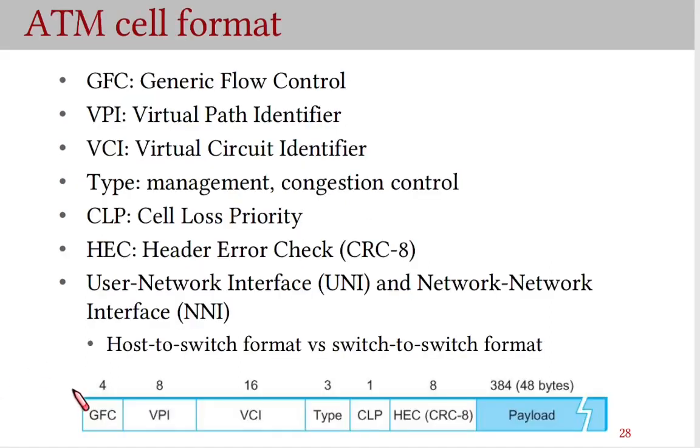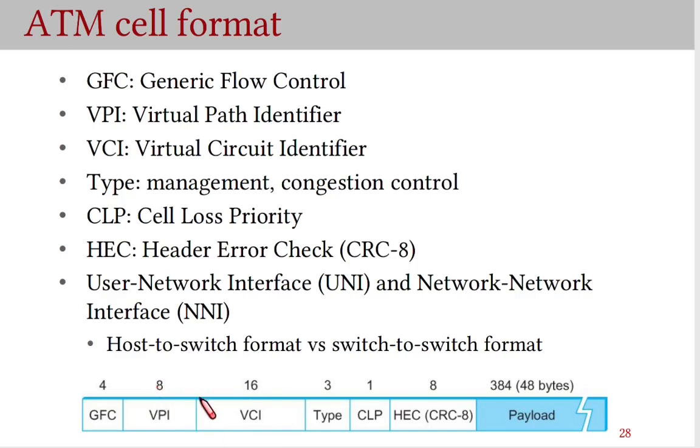Let us look at the ATM cell format. So the fields of interest are these two fields primarily. First is called virtual path identifier, and the second one is called virtual circuit identifier. The virtual path identifier is 1 byte wide and virtual circuit identifier is 2 bytes. So VPI and VCI combined is what we had been referring to as VCI in our discussions.